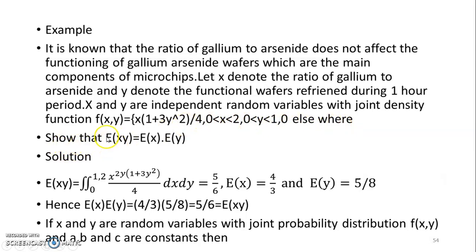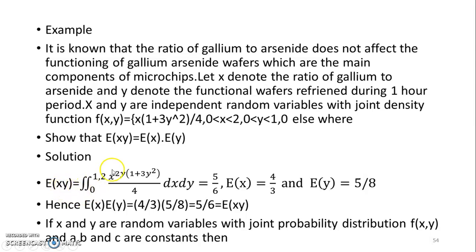Show that the expected value of XY is equal to the expected value of X times the expected value of Y. Solution. We know that the expected value of XY is equal to the integral from y equals 0 to 1 and x equals 0 to 2 of x squared times y(1 + 3y squared)/4.